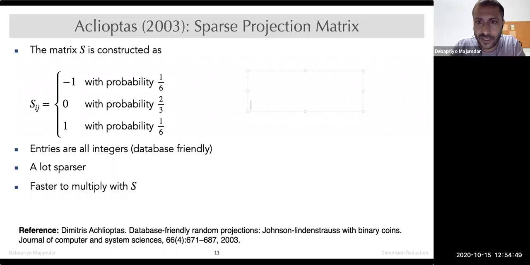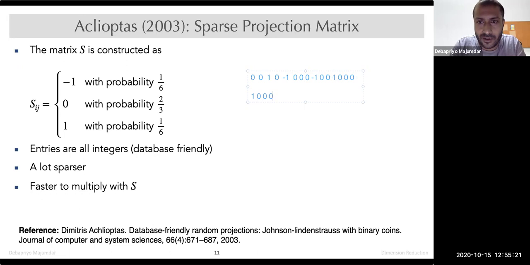With probability 2/3 an entry is going to be a 0, so maybe two of them are 0, and then there will be a 1, and then another 0, and then maybe a -1, and then many zeros, and then a -1, and like this. Our matrix is going to be something like this.